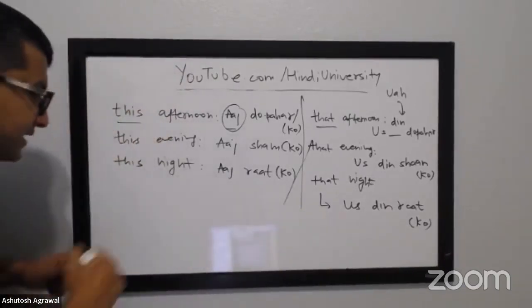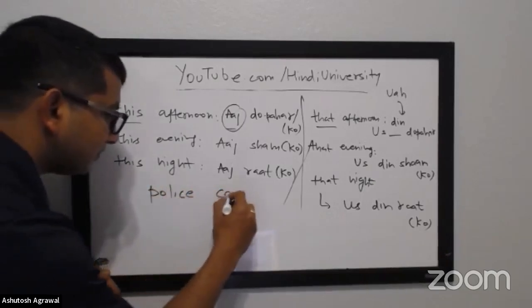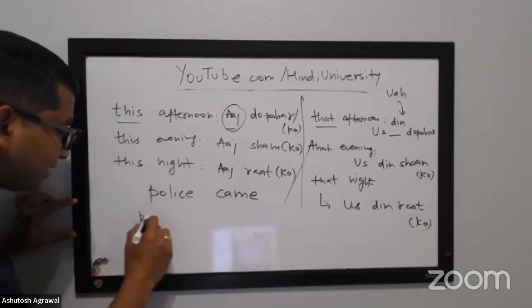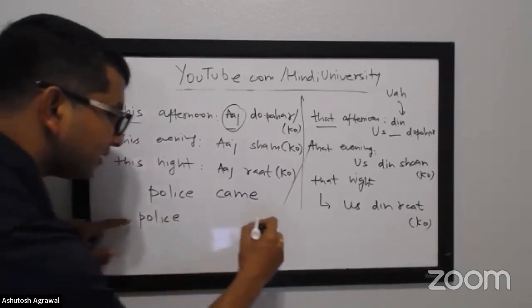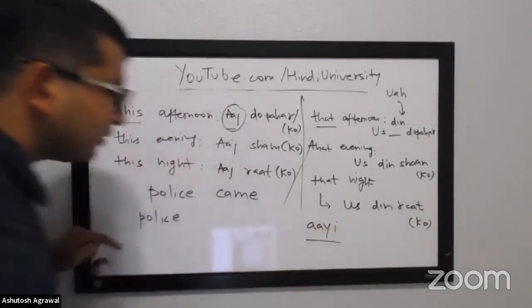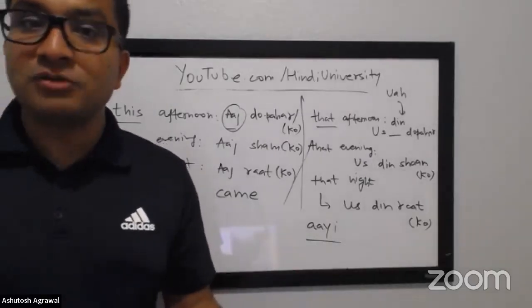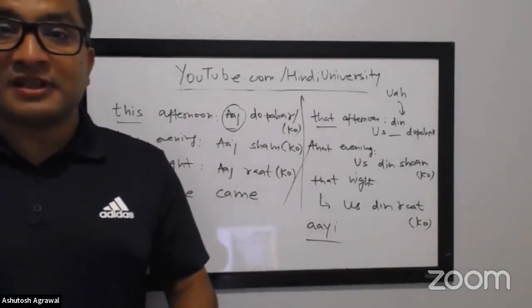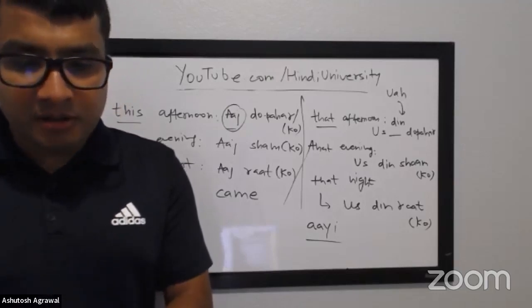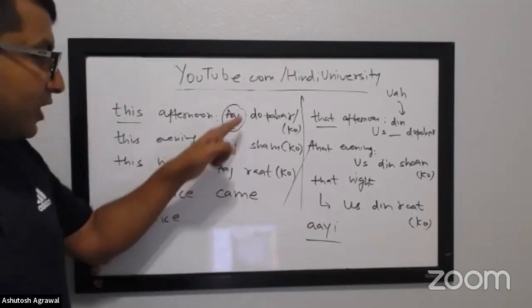So if you were to simply say police came, you will say police आई. Very good. Police आई, because it's used in the past indefinite. If I were to ask you when, I will use an adverbial phrase or interrogative. Police कब आई. When did the police come?